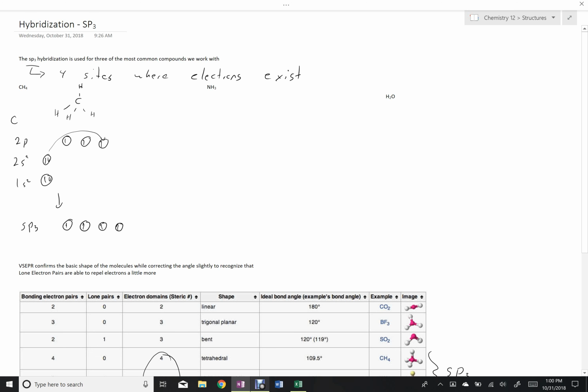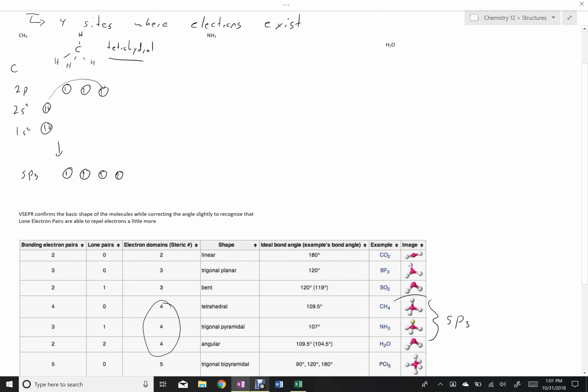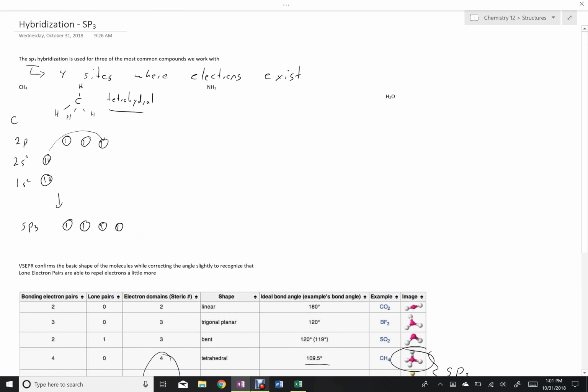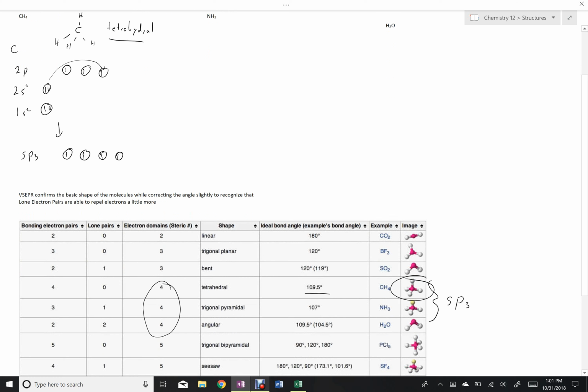Now we know that the sp3 is the tetrahedral shape, and we'll see that that corresponds to the tetrahedral shape of CH4 with a bond angle of 109.5. So sp3 is one of these 3 shapes.